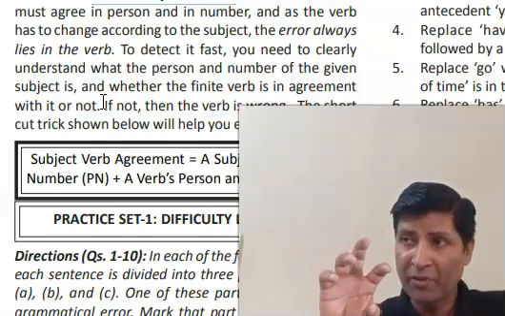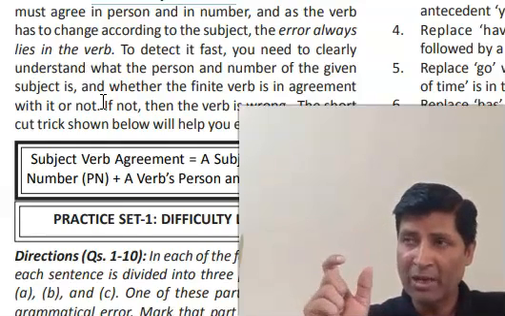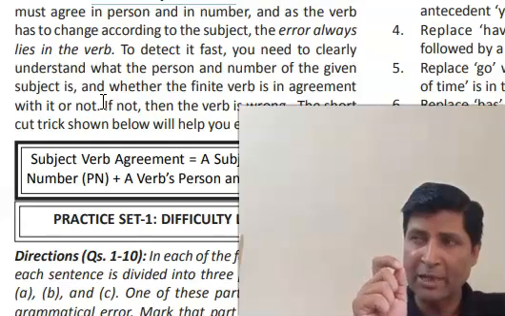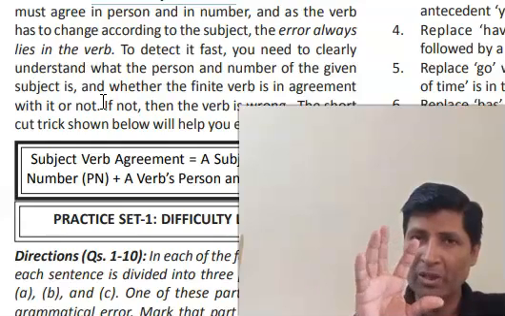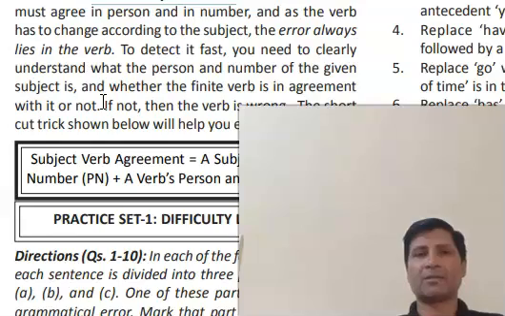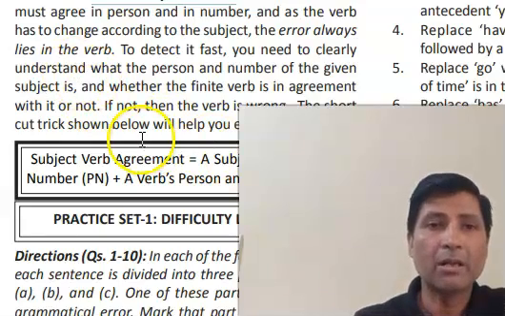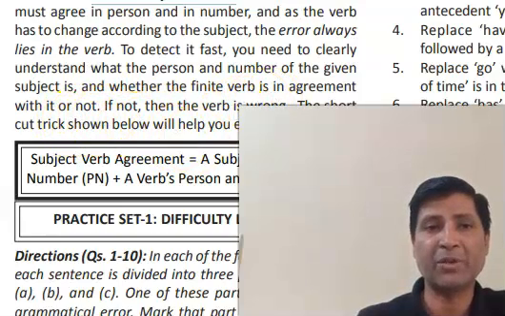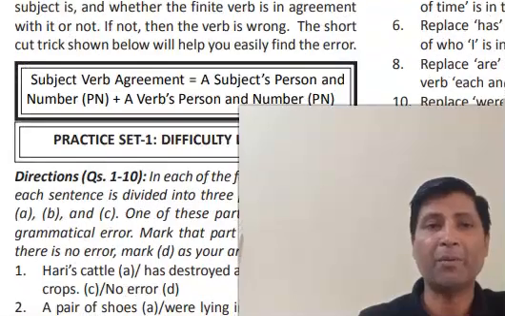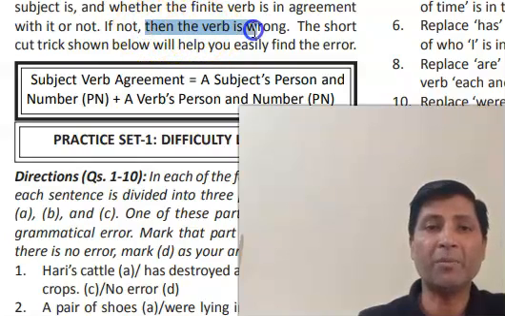To find the problem in the verb, you have to detect where the subject is in the sentence, and whether the finite verb is in agreement with it or not. If not, then the problem is only in the verb.